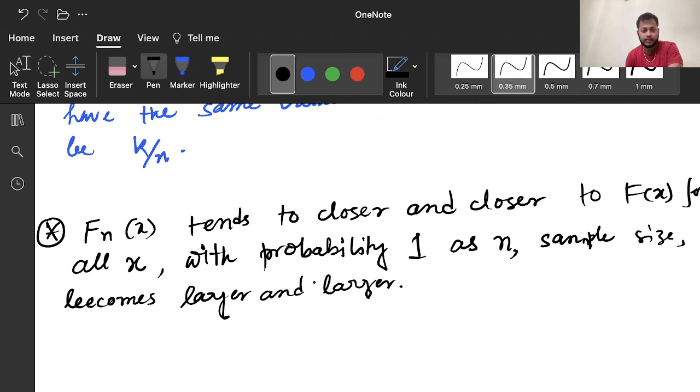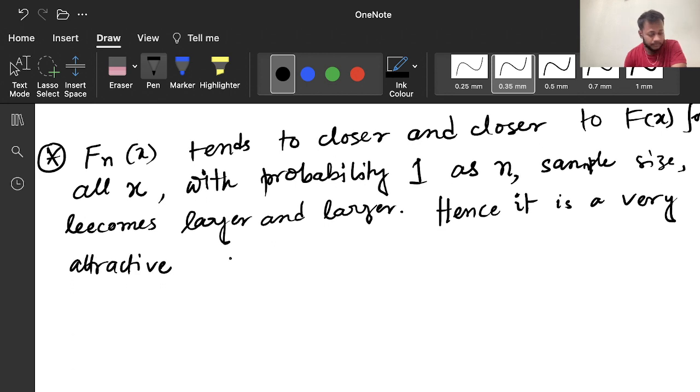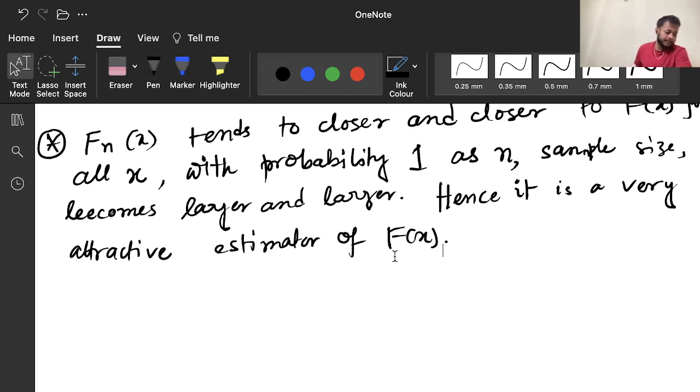So hence it is a very attractive estimation method of F(x). That's it.